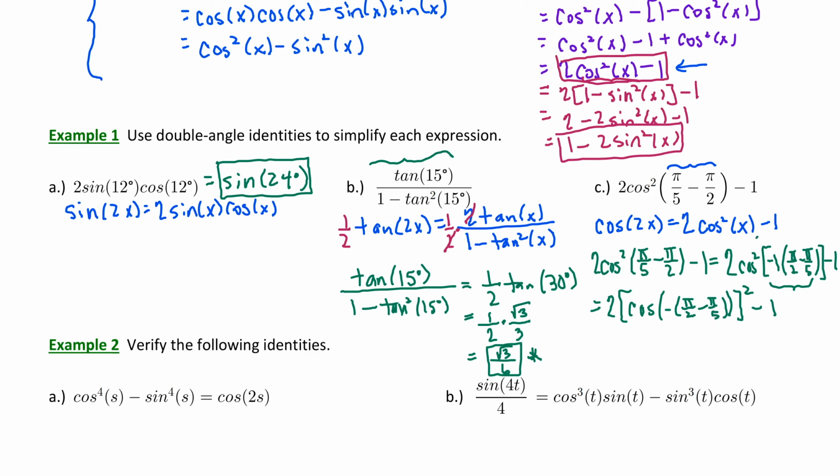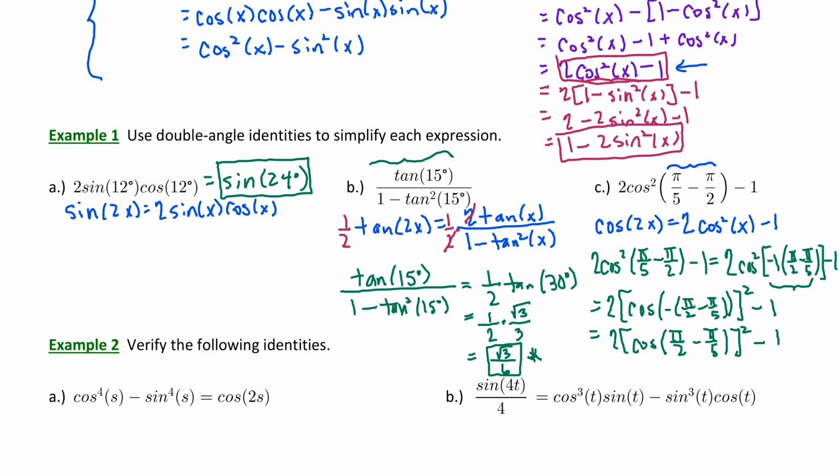Remember, we write it between the cosine and the argument for shorthand notation or efficiency. But now I can see I can replace cosine of a negative angle with cosine of the original angle, pi over 2 minus pi over 5, because cosine is even, okay?